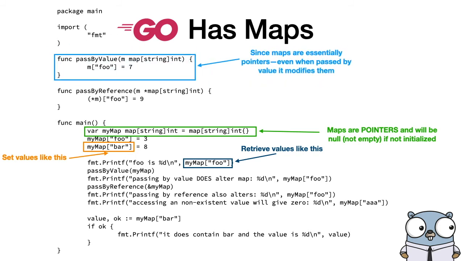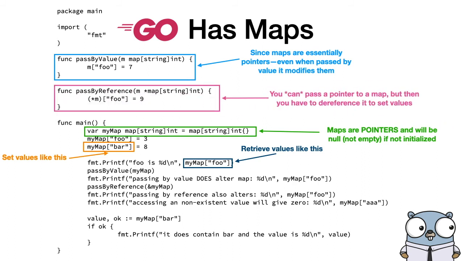Since maps are essentially pointers, even when you pass them to functions, modifying them will still modify the map. You can pass pointers to them, it's just not quite as useful as passing pointers to other things. But notice if you pass a pointer to a map, you have to explicitly dereference the map before setting values.